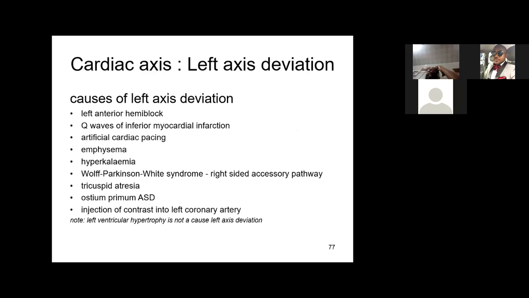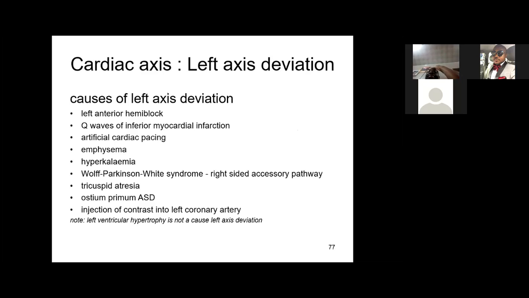Left axis deviation. Causes of left axis deviation are as follows. Left anterior hemiblock, Q waves of inferior myocardial infarction, artificial cardiac pacing, emphysema, hyperkalemia, Wolff-Parkinson-White syndrome, right-sided accessory pathway, tricuspid atresia, ostium primum ASD, anteroseptal defect, atrial septal defect, injection of contrast into left coronary artery.